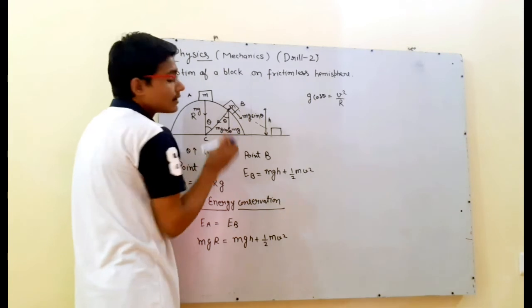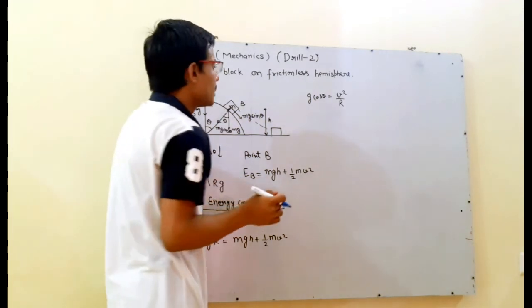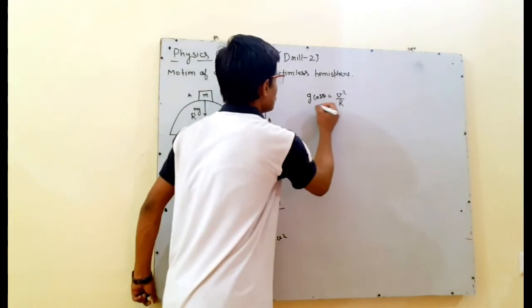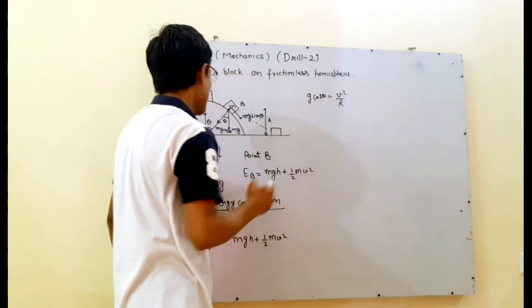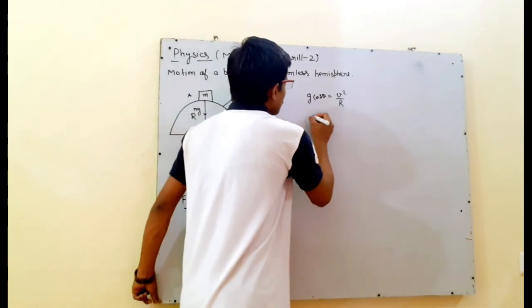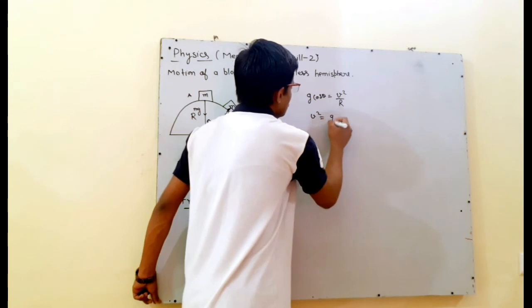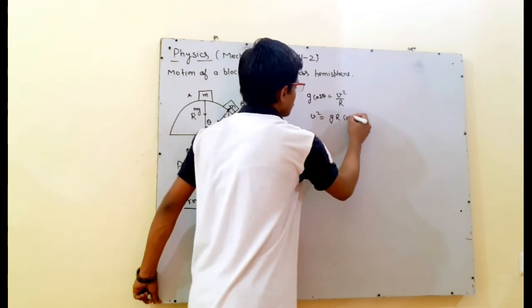So g cos theta is equal to v square by r. So v square is equal to g r cos theta.